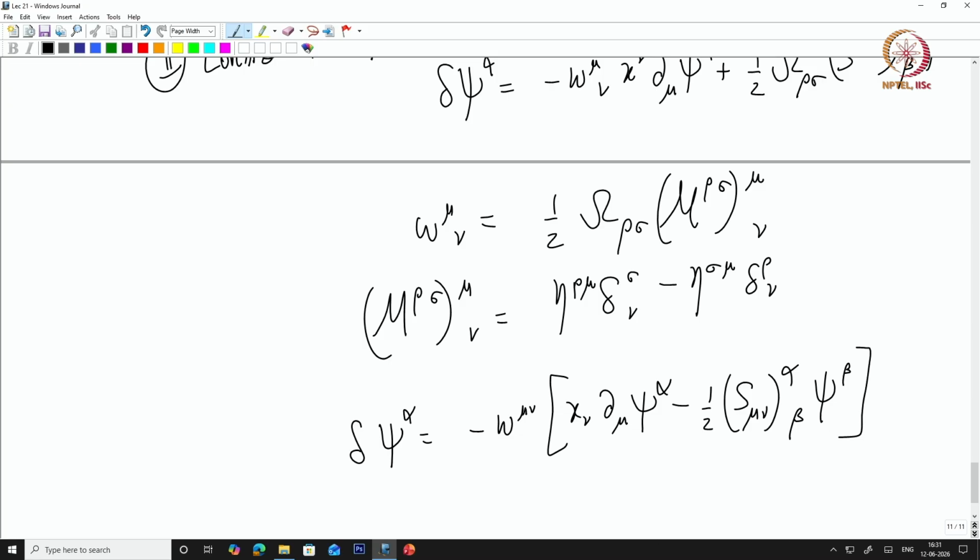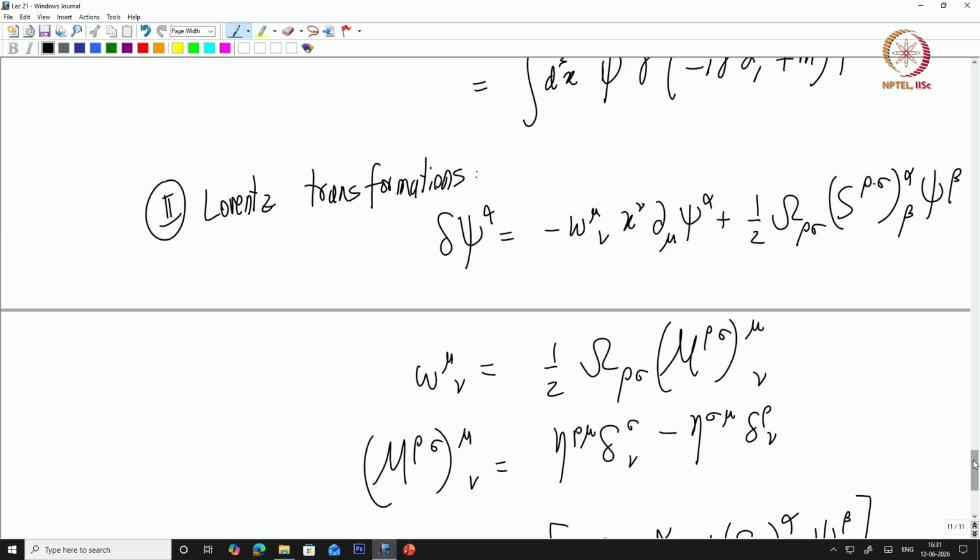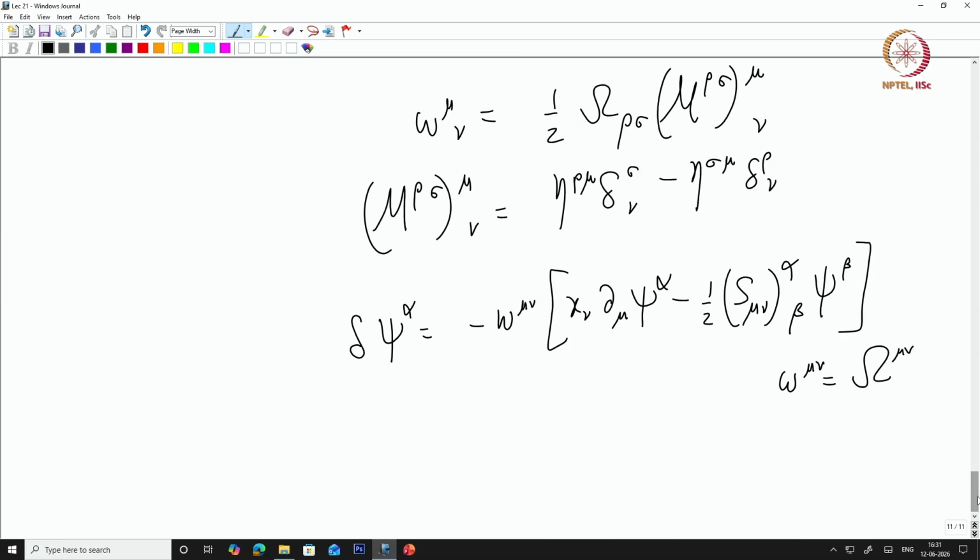So you can write everything in terms of omega mu nu, you can bring it out, because we can use essentially that omega mu nu is nothing but the capital omega mu nu, which is used in the Lorentz transformation essentially.